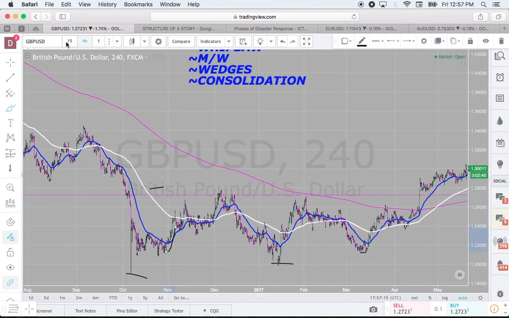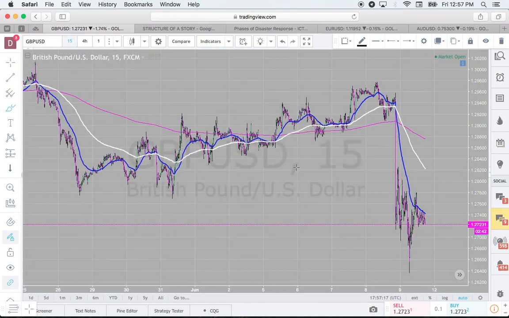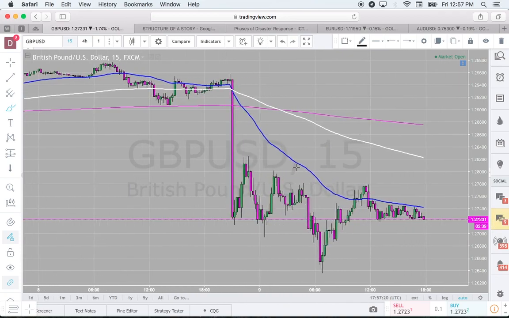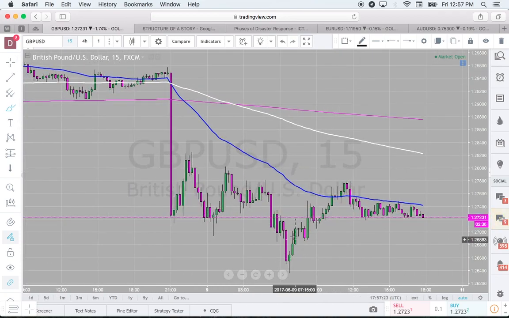So let's check out a 15-minute time frame. Here is another example of a stop hunt. Right here, this big candle out of nowhere, and we had a low set right here. You can see the candle came out, spiked below that predetermined low, about 50 pips, and then reversed.